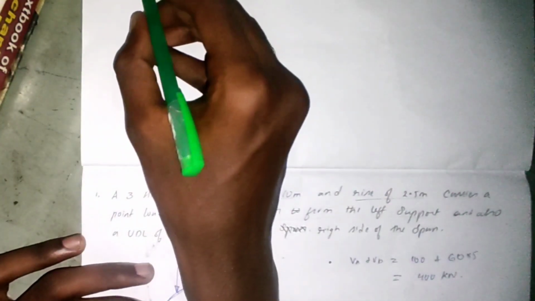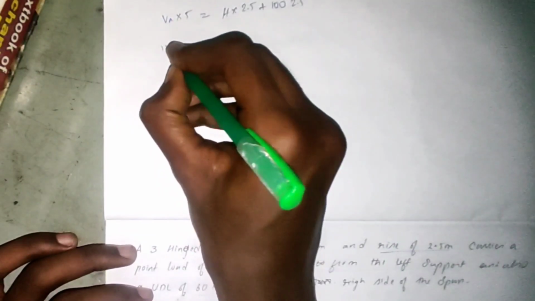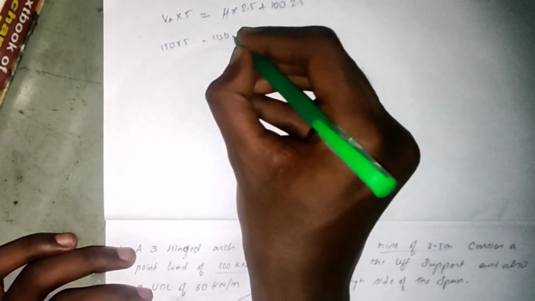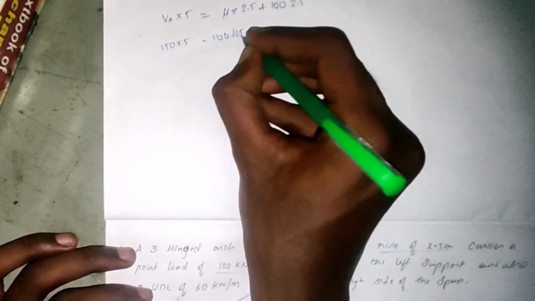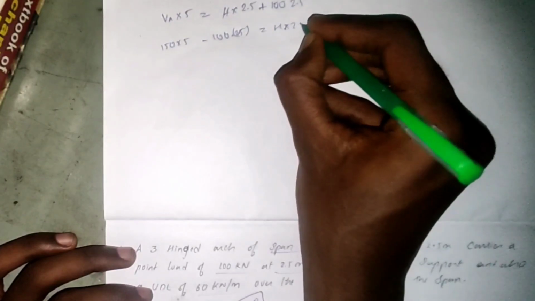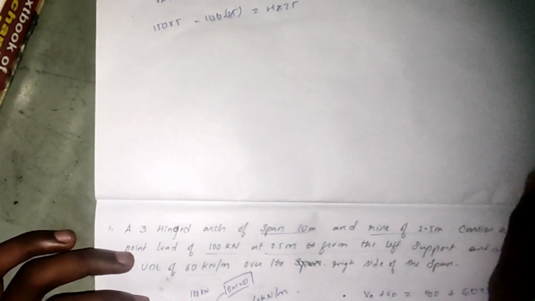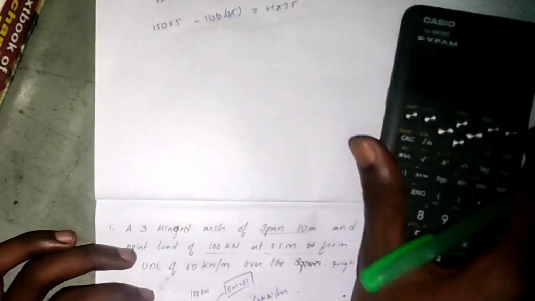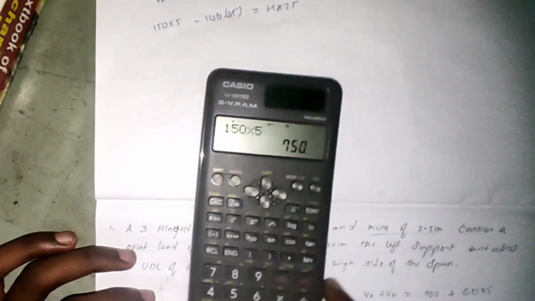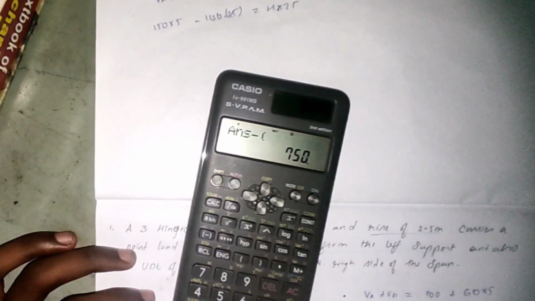So putting the value of VA, which is equal to 150, and 100 is 2.5. Now solve this. 150 into 5 minus 250.